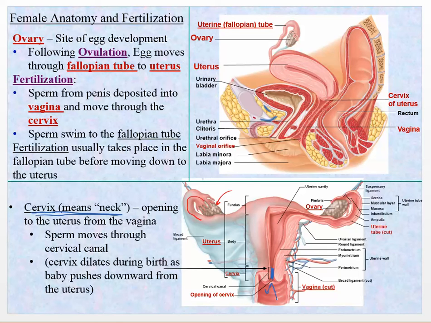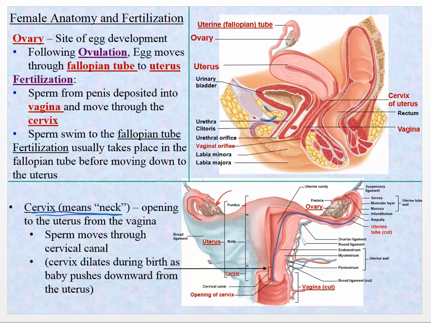Okay, so something can't get in there. However, just before ovulation, this mucus will thin, and then if sperm is deposited, the sperm will move in and it will travel, it will swim, quite literally, up, and it will look to see if there is an oocyte or an egg waiting for it.